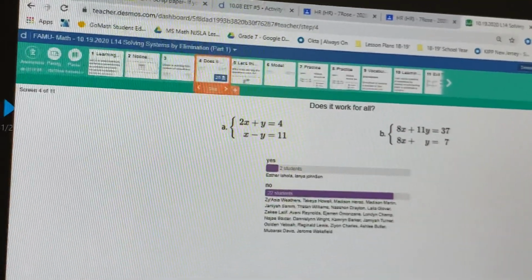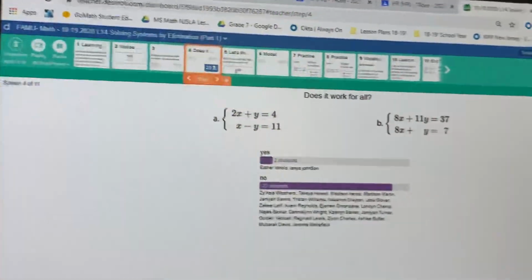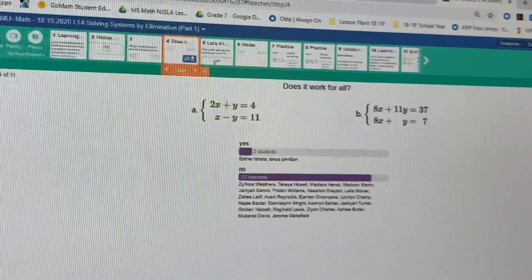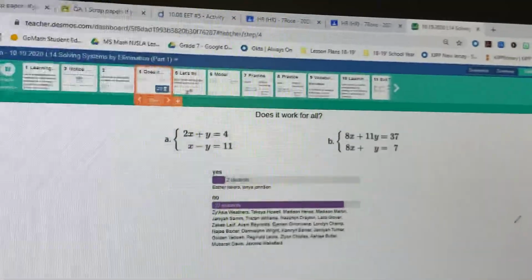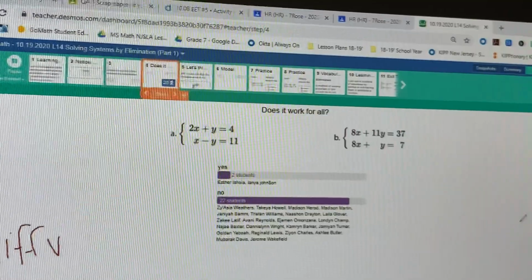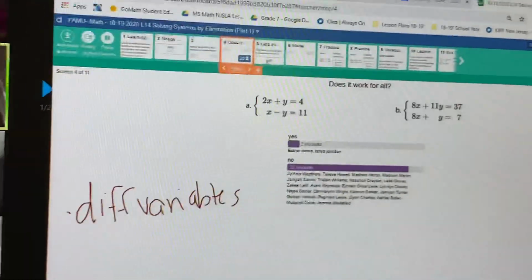Hey, I called on people. Go ahead. I don't think it will work because some equations have different variables and can't be done like that. I agree with Layla.